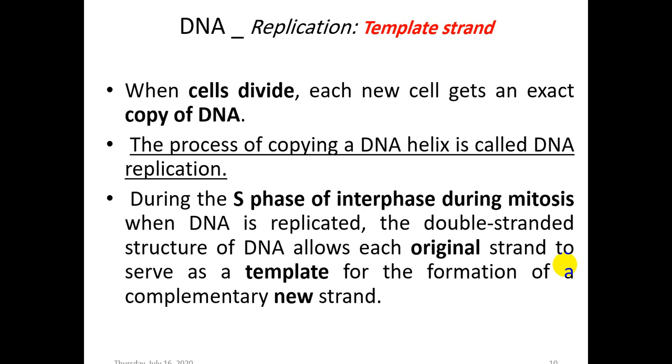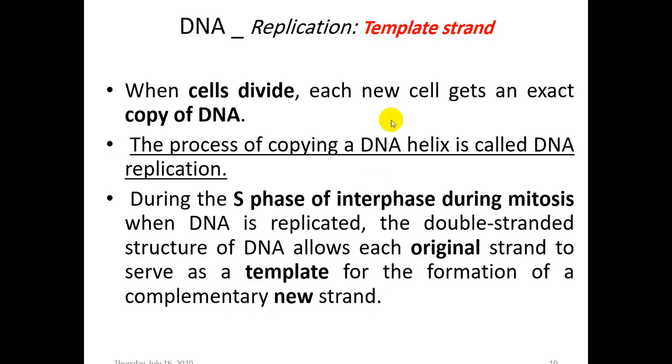When a cell divides, each new cell gets a copy of DNA. The process of copying DNA is called DNA replication. During the synthesis phase of interphase, before mitosis, when DNA is replicated, the double-strand structure of DNA allows each original strand to serve as a template for the formation of the complementary new strand. Don't worry about that, I will explain it in the coming figures.